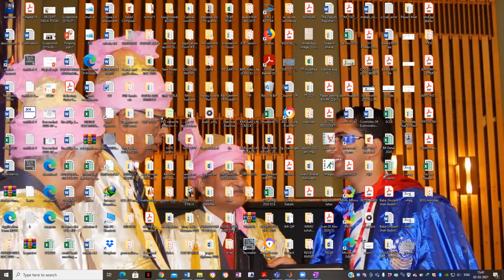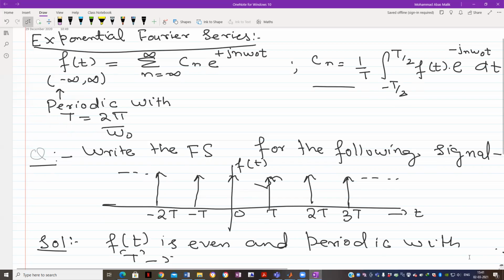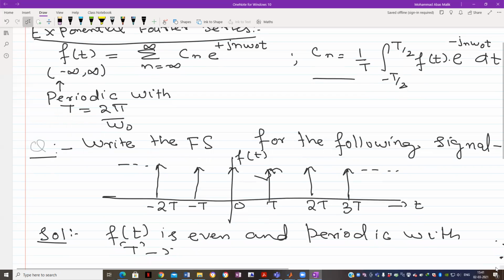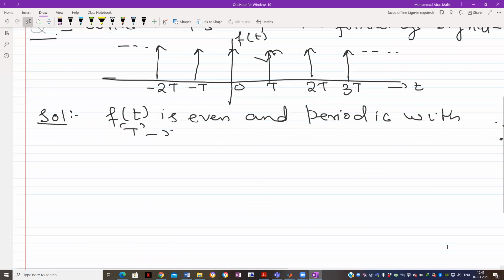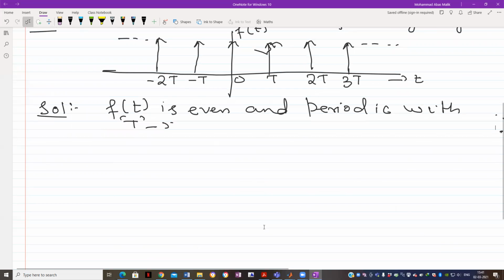So f of t is even and periodic with fundamental time period T. Why is this an even signal? The reason is that f of t is equal to f of minus t. This means this is even.